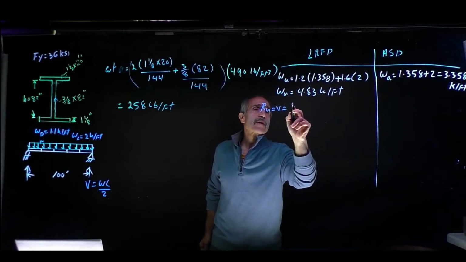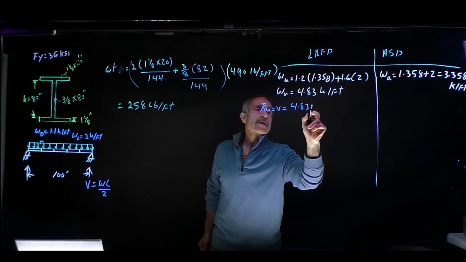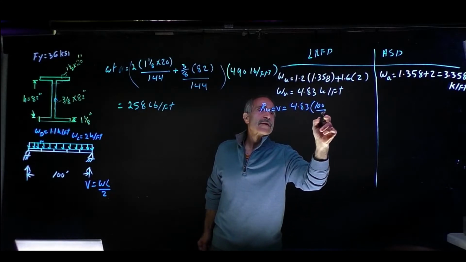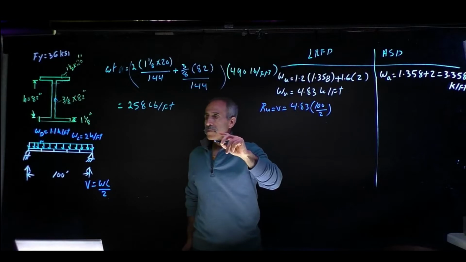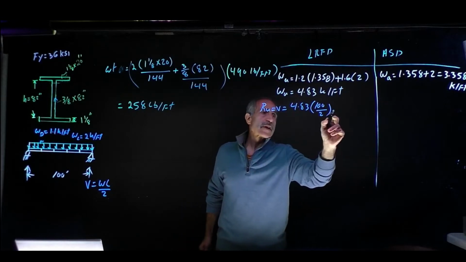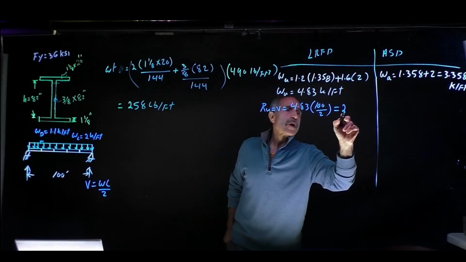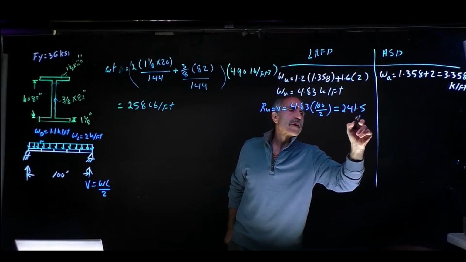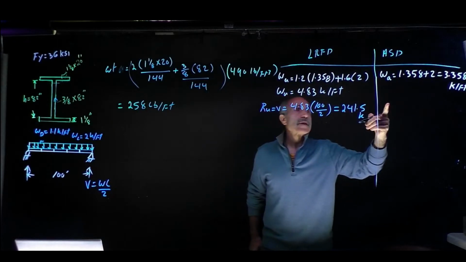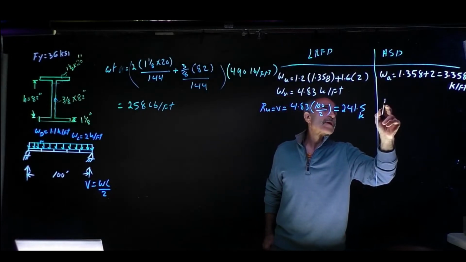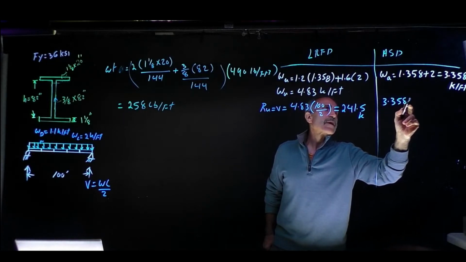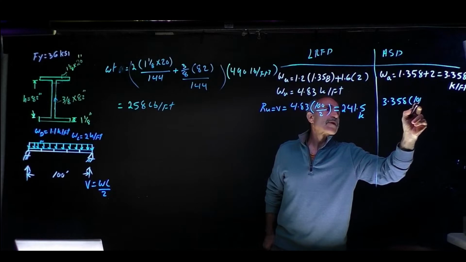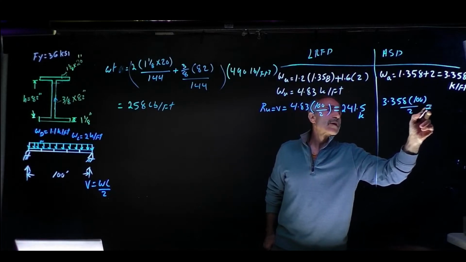W is 4.83 times 100 divided by 2, and that comes out to 241.5 kip. Same thing for ASD, WL divided by 2 is 3.358 times 100 divided by 2, and that is 167.9 kip.